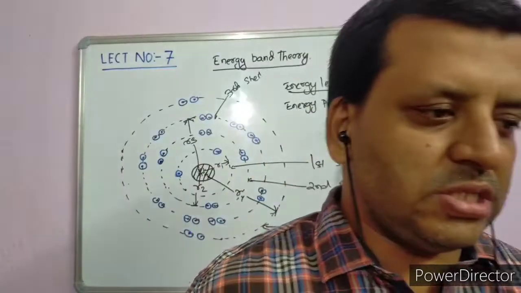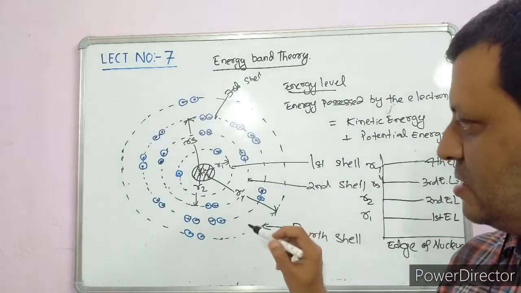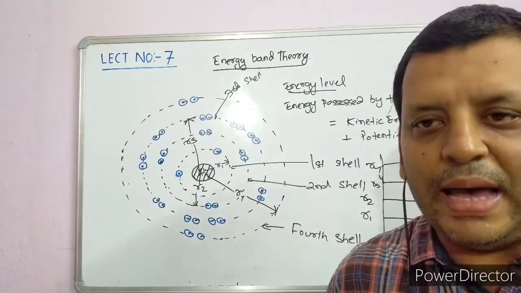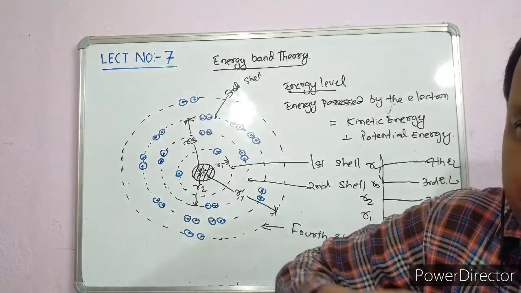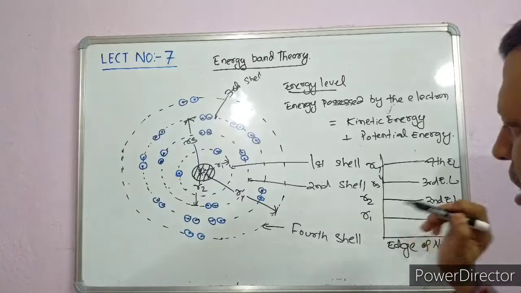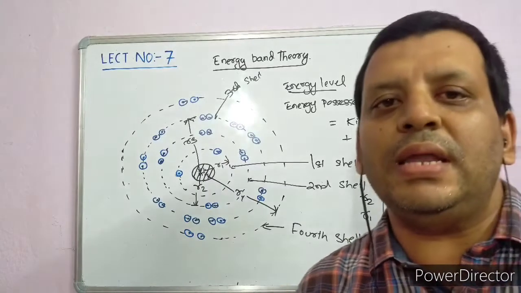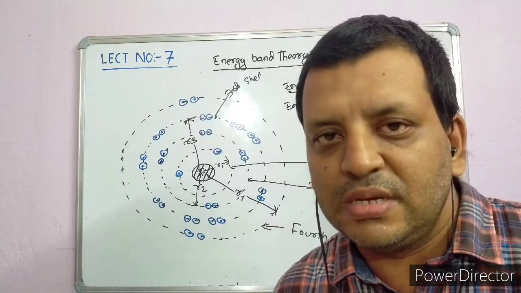So from here, what did we see? We saw that as we go higher in order from the nucleus to a further distance, the energy associated with the electrons also increases.